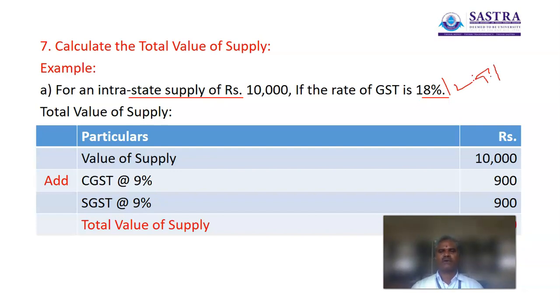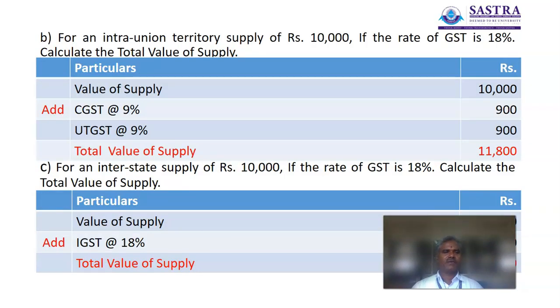Okay, 9% for both. So value of supply 10,000. Here you have to charge CGST and SGST. So the total taxable value of supply is 11,800. This is called intra, because when we supply goods within the state, we have to charge CGST and SGST. Already we discussed, and we already saw one problem also.